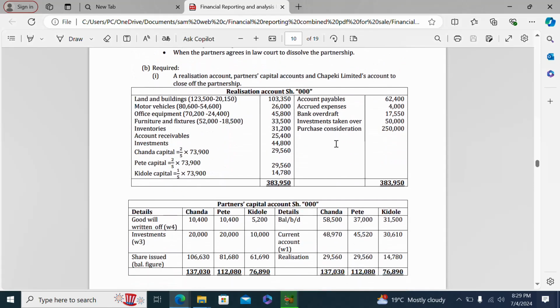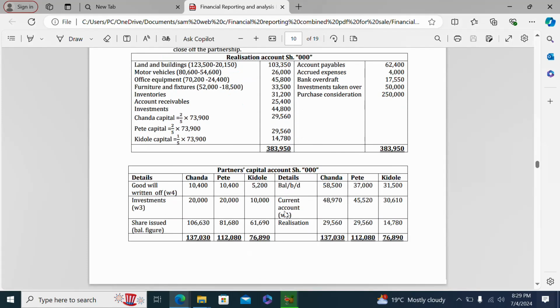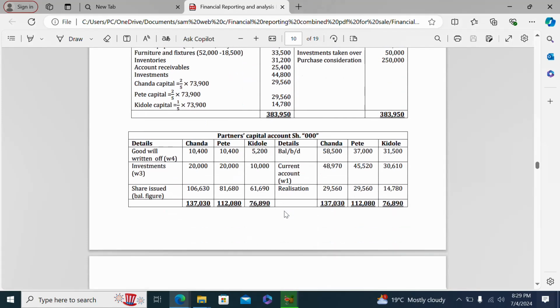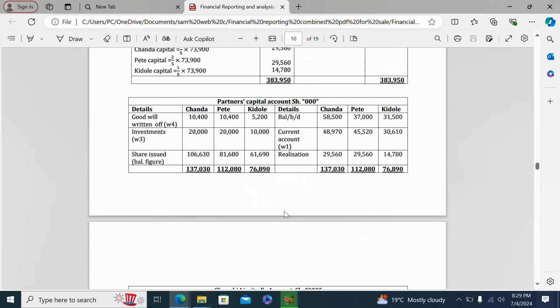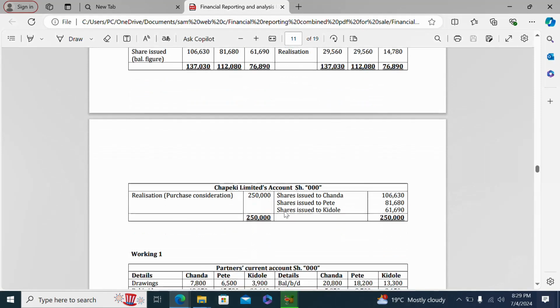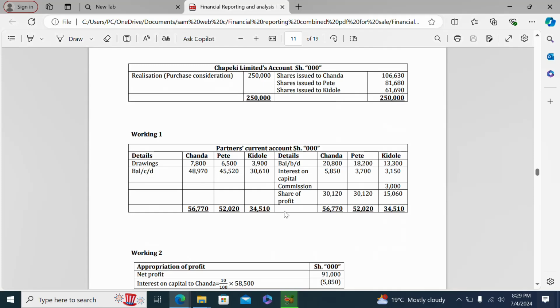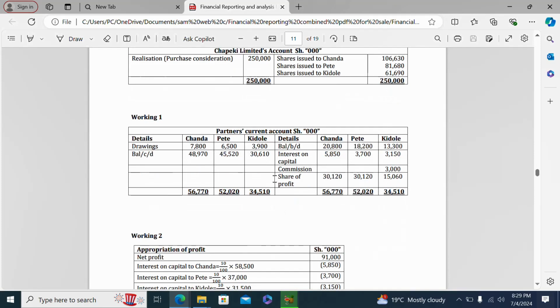Then we have part B of that question. We have the realization account, we have the partners' capital accounts. Then we have the workings. This is the partners' current account as a working.